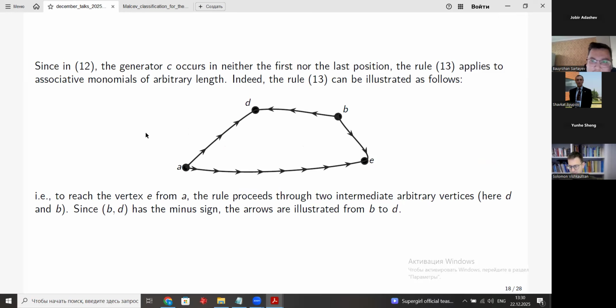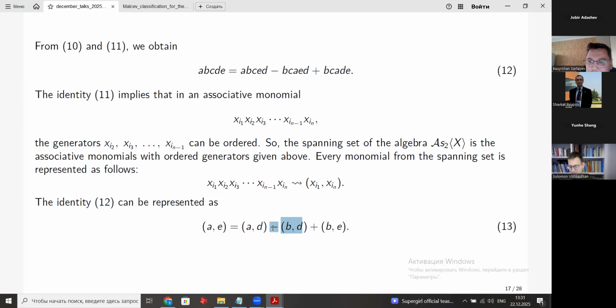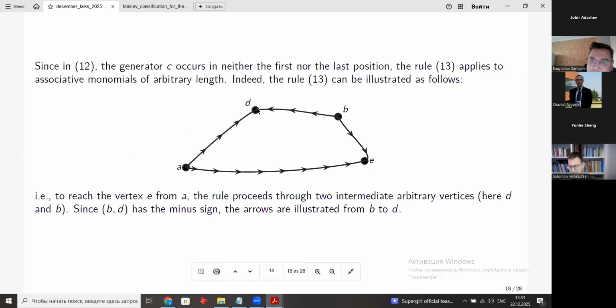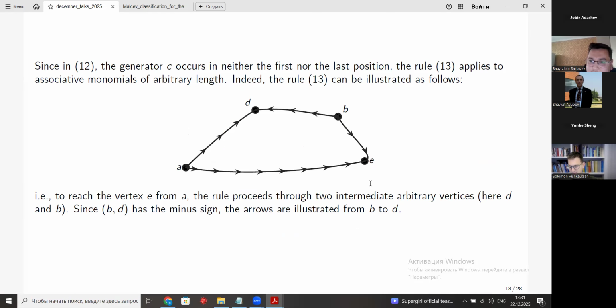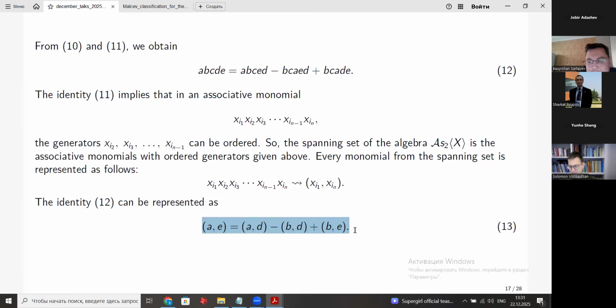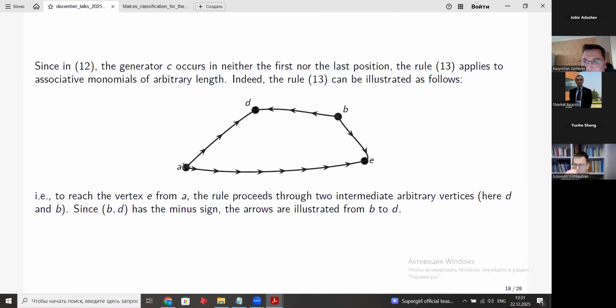But here, since we work in an unusual object, if you have a minus here, then from B to D we move in the opposite direction. And from B to E, it's like this one. So this identity can be represented by this graph: from A to D, from B to D, and AD minus BD plus BE.